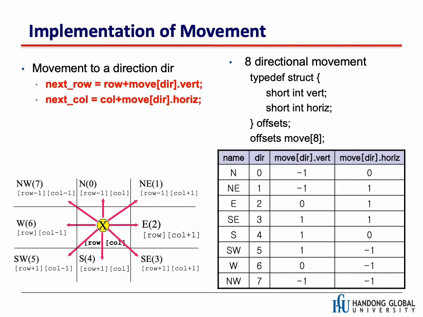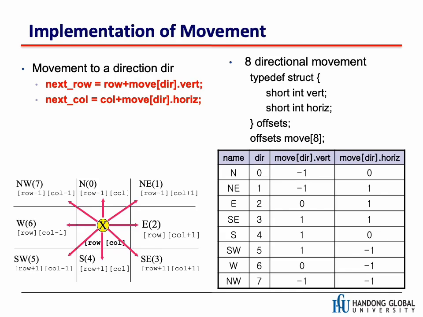The reason we have this structure is implementation convenience. If you want, you can keep the vertical and horizontal separately, but with this array of offset structures, we can use just 1 index to indicate all the directions. If it is 0, then it is north. If it is 5, then this is southwest, likewise.